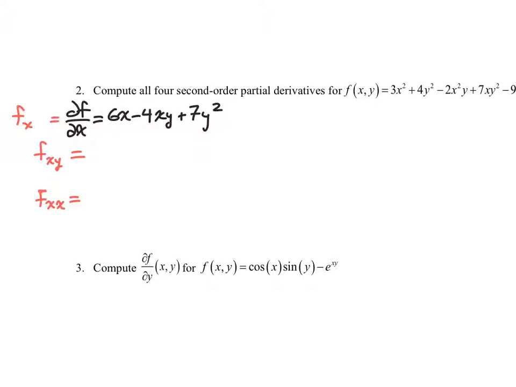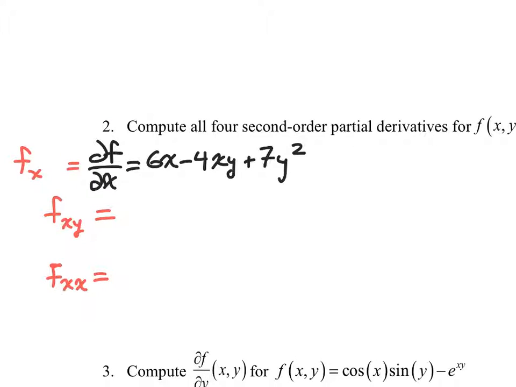So I'm working off of my first order partial with respect to x. Now I'm going to take its derivative with respect to y. All right, so my variable here is y. So I'm going to highlight the relevant variable. Everything else is treated as constant. So the derivative of 6x goes to 0, irrelevant.